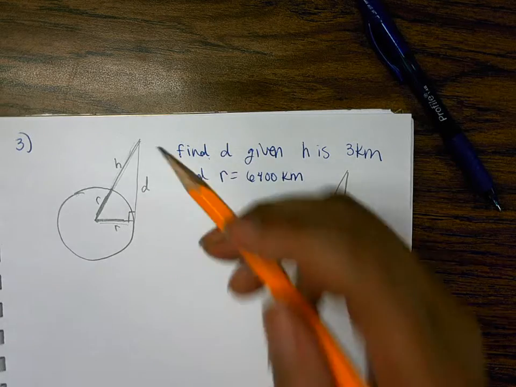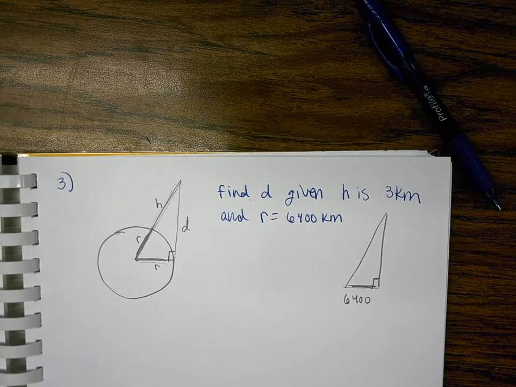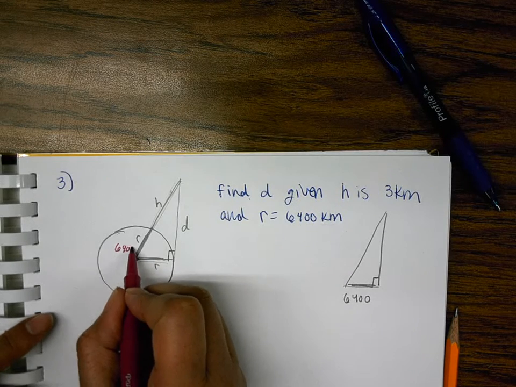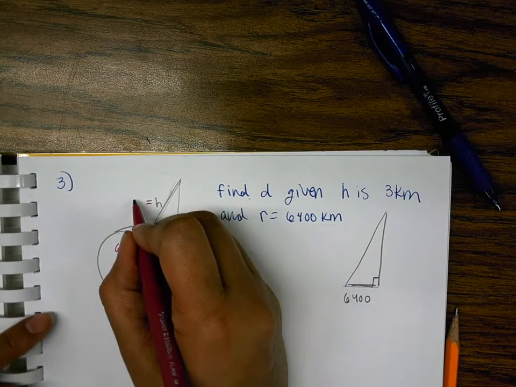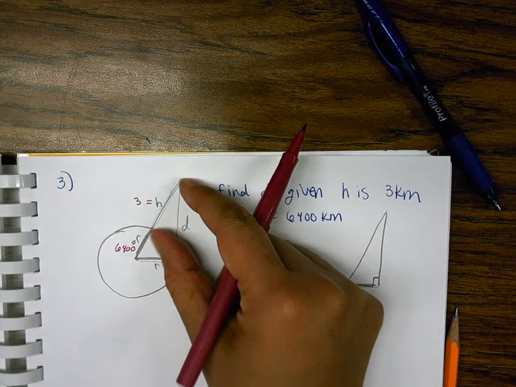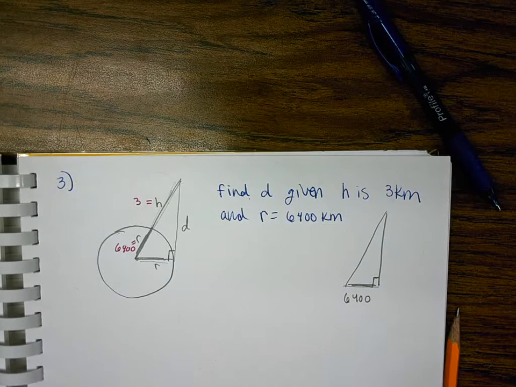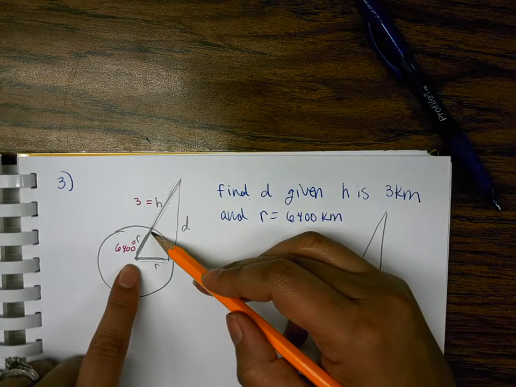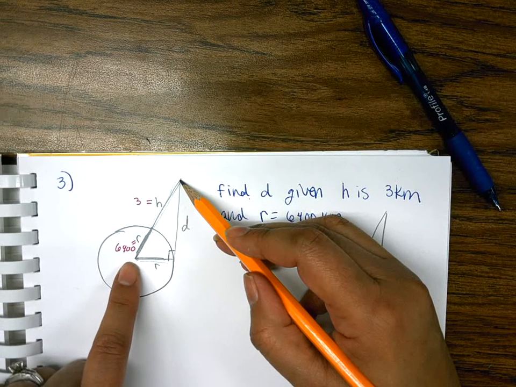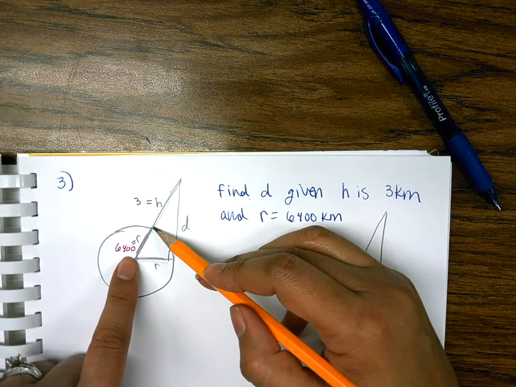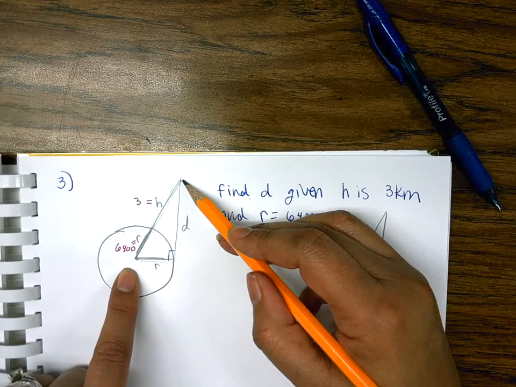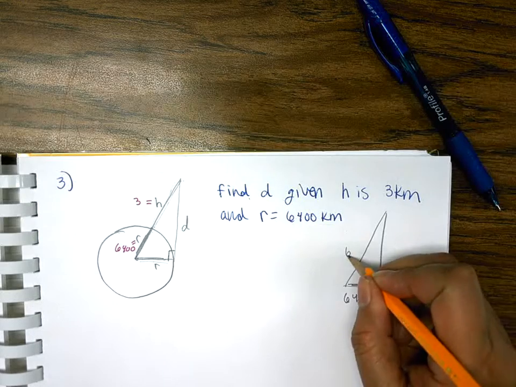This is R, and this is H. So R is 6,400, and H is 3. If this is 6,400 and this is 3, what's the total length of the hypotenuse?